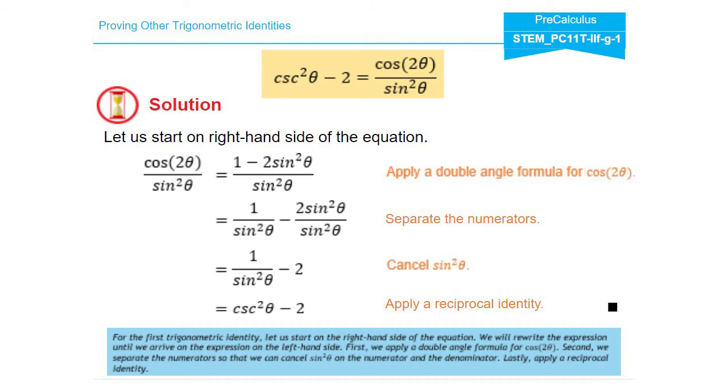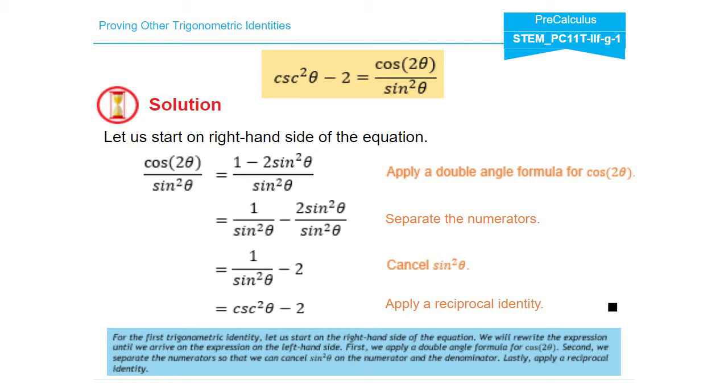First, let us prove if cosine square theta minus 2 is equal to cosine 2 theta over sine square theta. So let us start on the right hand side of the equation. So look at the numerator, cosine 2 theta. We can apply a double angle formula for cosine 2 theta. We can change it into 1 minus 2 sine square theta. Okay, and then let us separate the numerators.